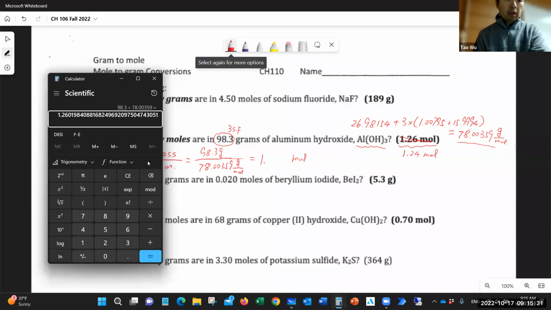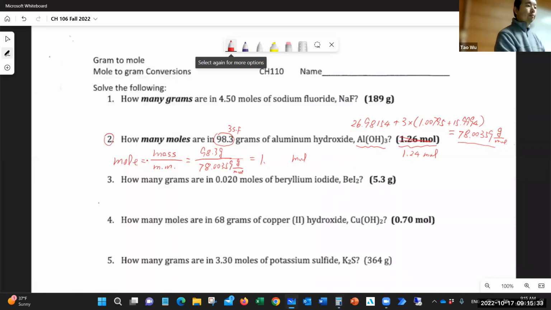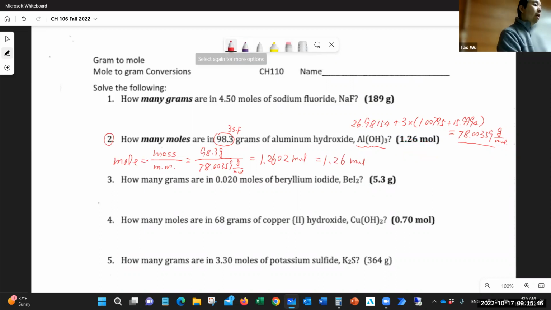We got 1.2602, and then we keep 3 sig figs, it should be 1.26 mole. Right? So now this gives you the mole. The next part: mole should be equal to mass over molar mass, then how do we get the mass from mole?